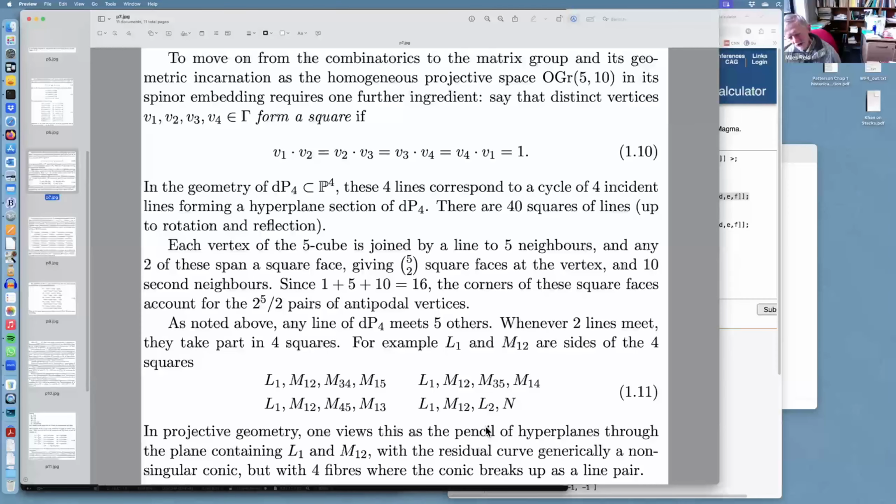So this is a pencil of elliptic curve hyperplanes of the surface, and if I force them to contain L1 and L2, then residually, usually I get a non-singular conic, but 4 particular fibers have the conic breaking up.